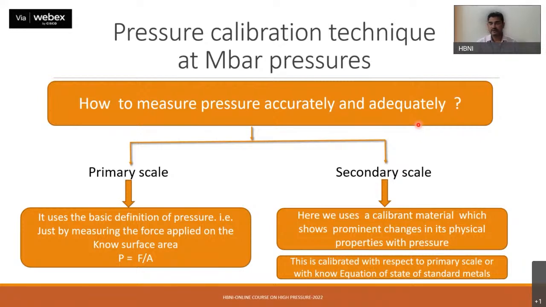Here we use different kinds of calibrant materials, which have some physical properties that change with pressure prominently. Why prominently? Because you want to have a more accurate measurement of pressure. So this scale is calibrated with respect to the primary scale and with known equation of state of standard metals.